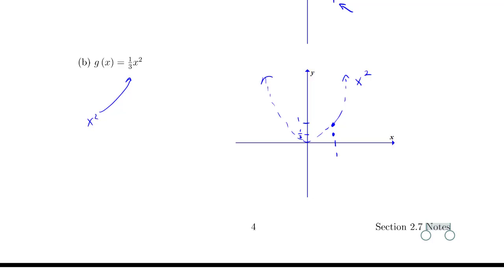So the point is there. So everything has been compressed down. So I get something that's more like this, that's wider. All right, so that's how I've gotten what happened when I multiplied by a number between 0 and 1. So again, we can use those test points, I think of them as, to show us how the graph has moved.